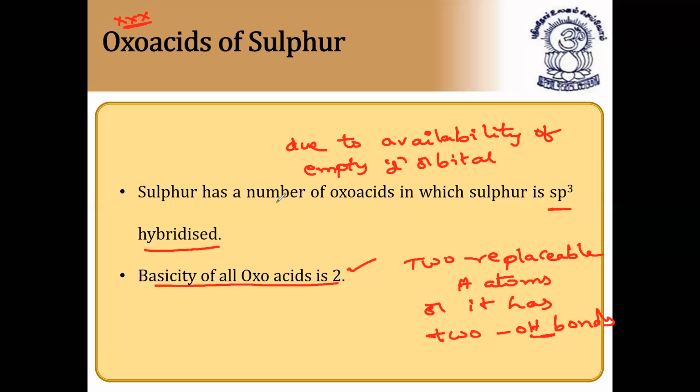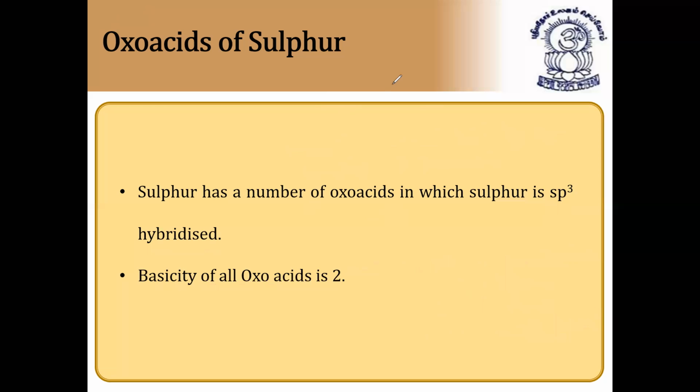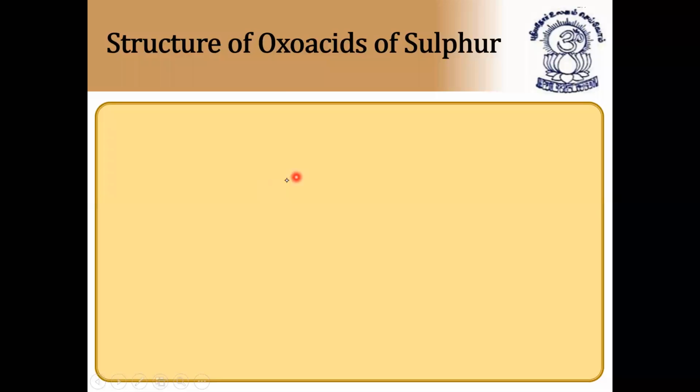It can also form many compounds. Usually sulfur exists in +2, +4, +6, and -2 oxidation states. So it exists in all these oxidation states. I hope it is clear.